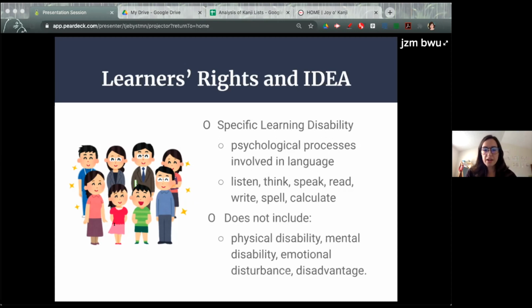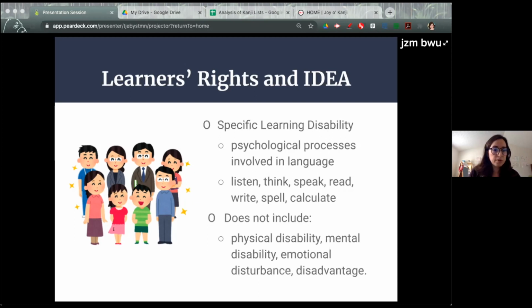I see this a lot on my students' IEPs. This doesn't include things like a physical disability that would get in the way of fully participating in an unsupported class environment. It doesn't include a mental disability like Down syndrome, it doesn't include an emotional disturbance, and it doesn't include economic disadvantage.